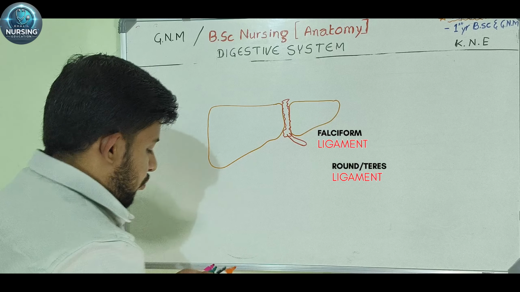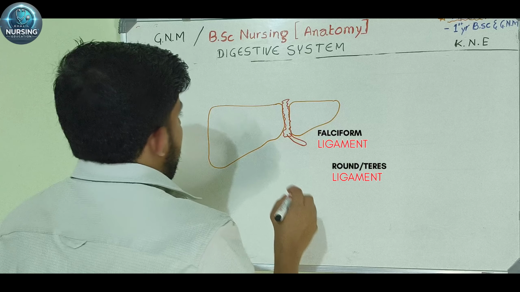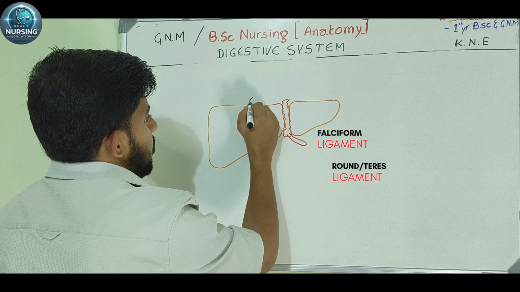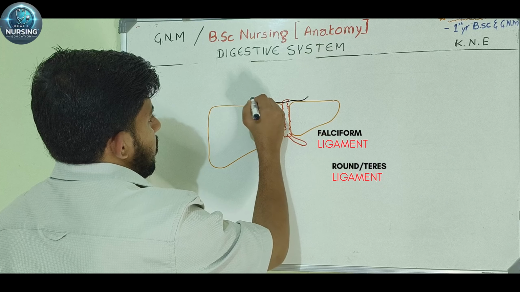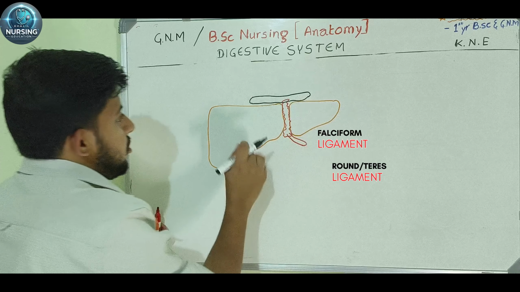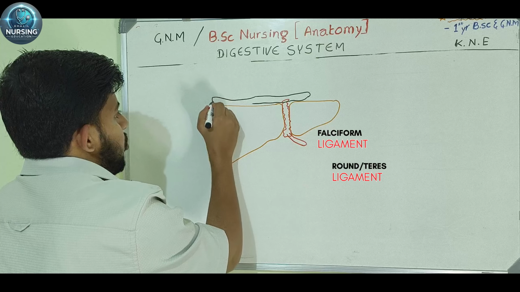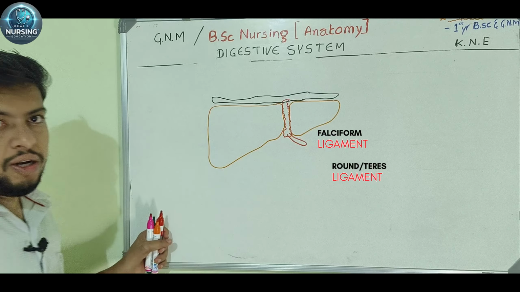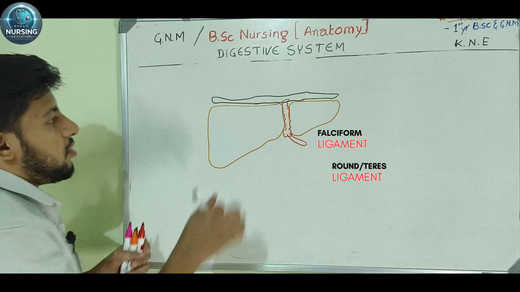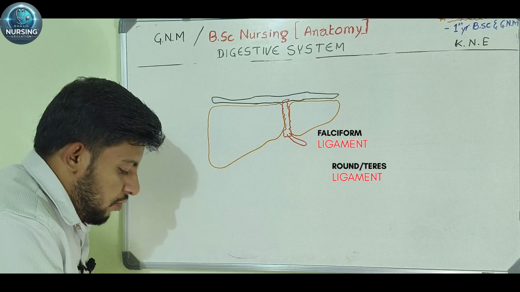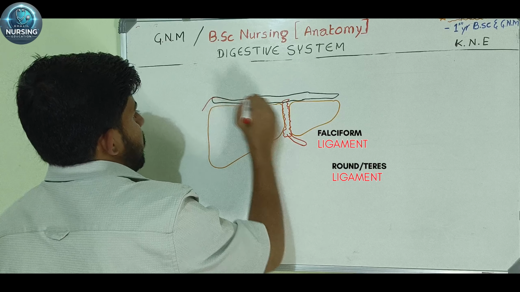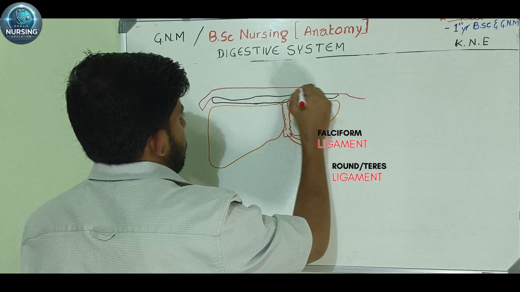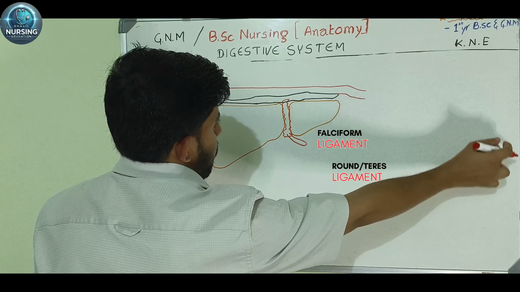Later on, we need to draw the other ligaments which are present superiorly. This crown type ligament which joins the diaphragm will be called the coronary ligament. It continues up to the spleen also.